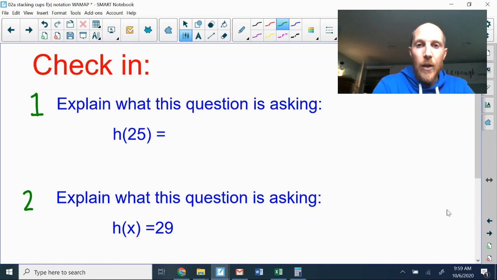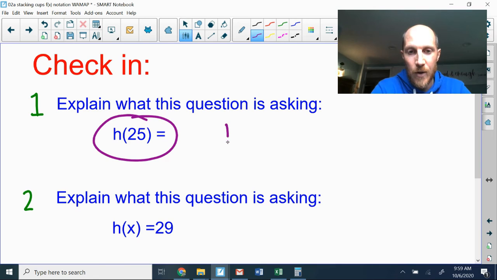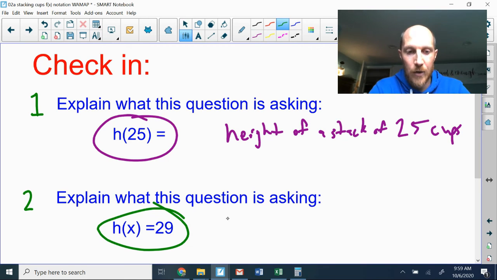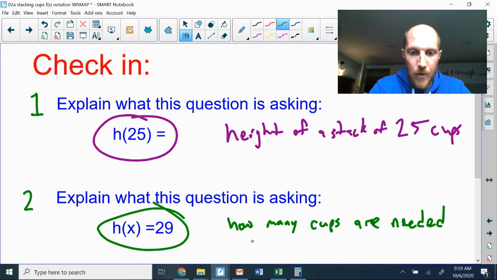You got your answers. So hopefully we came up with the same thing. This one is asking us to find the height of a stack of 25 cups. This one is asking us how many cups it would take to get a stack that is 29 centimeters, the number of cups needed for a stack 29 centimeters.